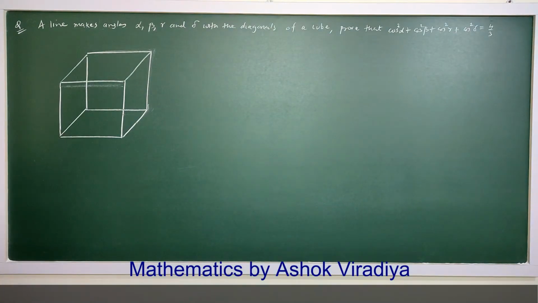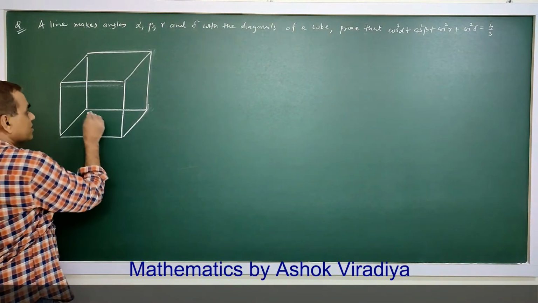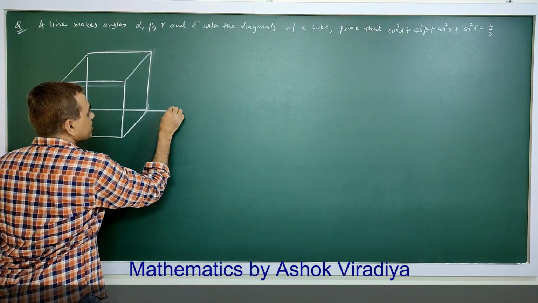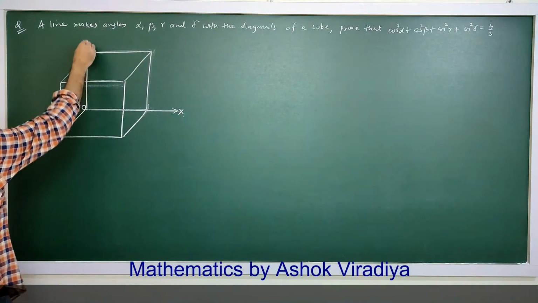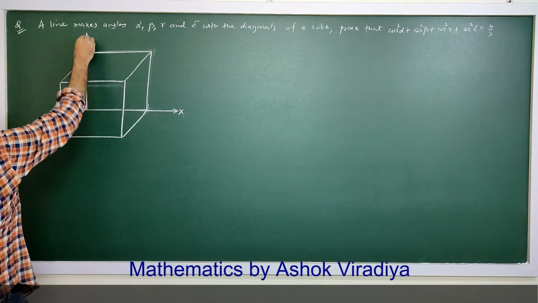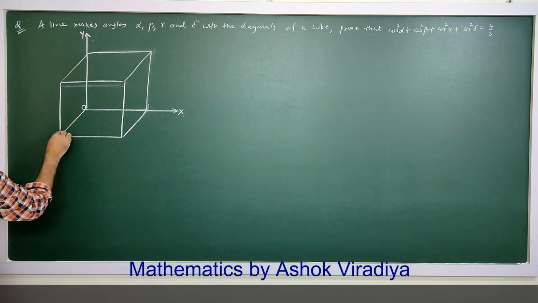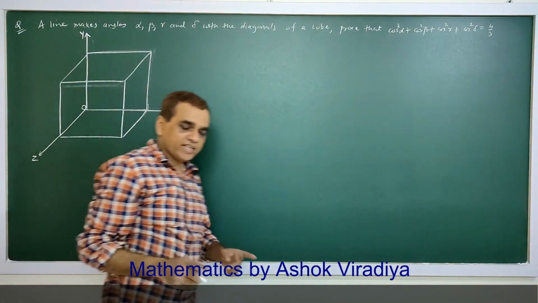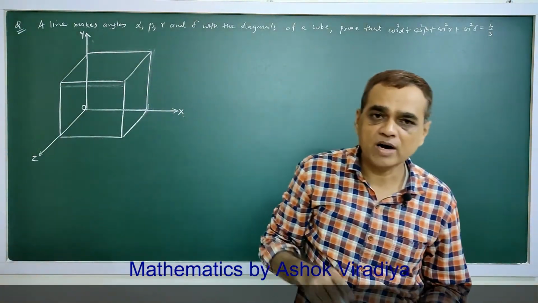Now because we want everything in 3 dimensions, let me take this as the origin. This line is the positive direction of the x-axis. This line is the positive direction of the y-axis. And this line is the positive direction of the z-axis. You can choose any line as OX, OY, OZ.